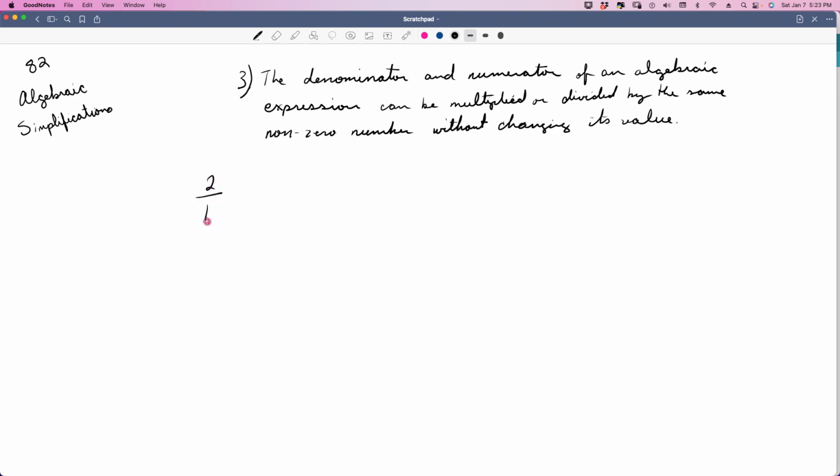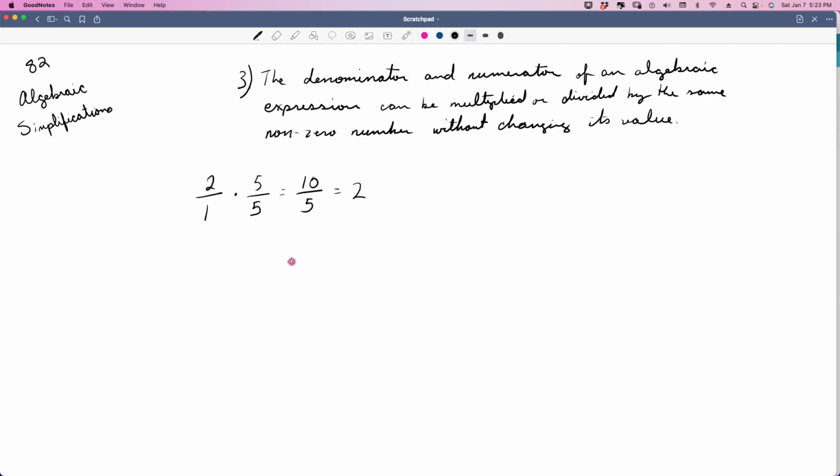So this is our fraction, 2 over 1. It's really the whole number 2, because we know a fraction is just a division problem, if we divided 2 by 1, our answer would be 2. Right? We know that. If I were to multiply this by, let's say, 5 on the top and 5 on the bottom, I would get 10 over 5. 10 divided by 5 is what?